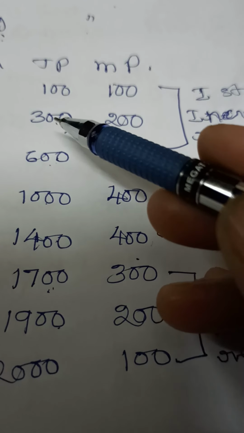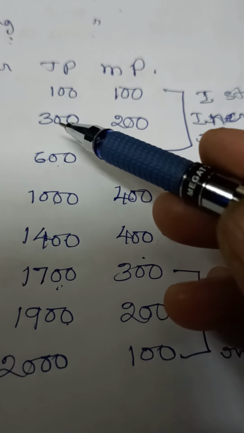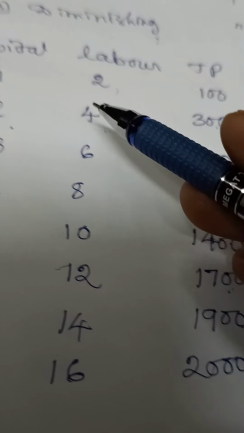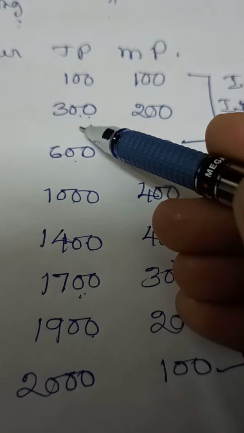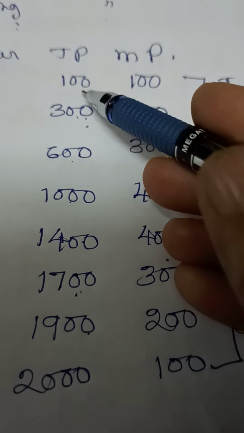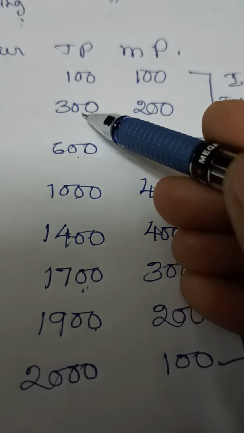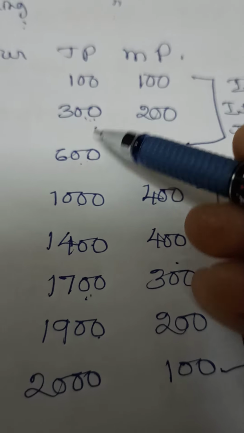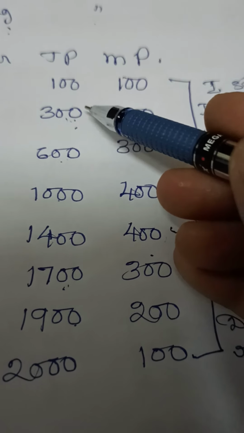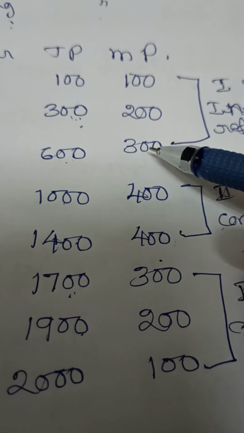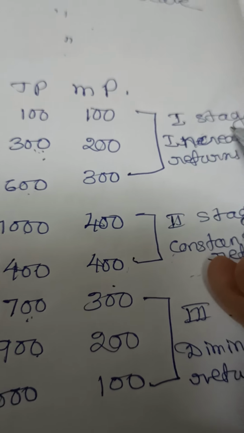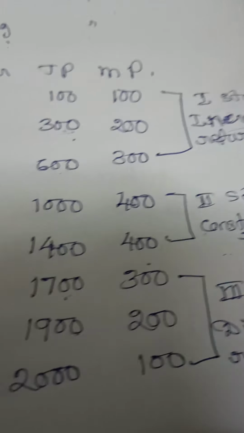So in the table, in the first stage, the units of labor and capital are doubled, but output is more than double. It should be 100, 200, no? But you are getting 300. Here 300, you are getting 600. So it is more than double. So in this stage, marginal product goes on increasing, and that is called increasing return to scale.